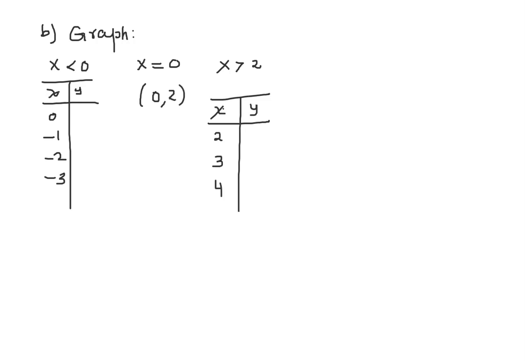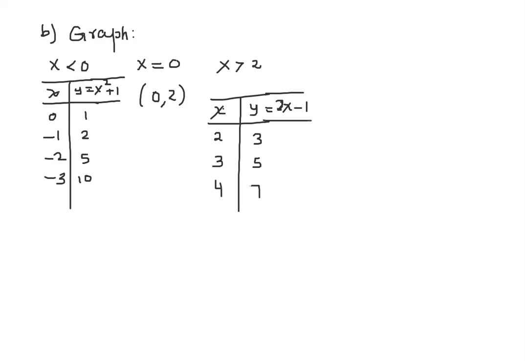For the first, the function is x squared plus 1. Here it's going to be 2x minus 1. So 0 is 1, -1 is 2, -2 is 5, -3 is 10. This is going to be just 1 point. Here it's 2x minus 1. When I put 2, it's going to be 3, 5, and 7.